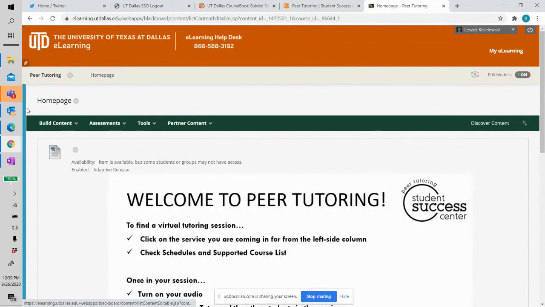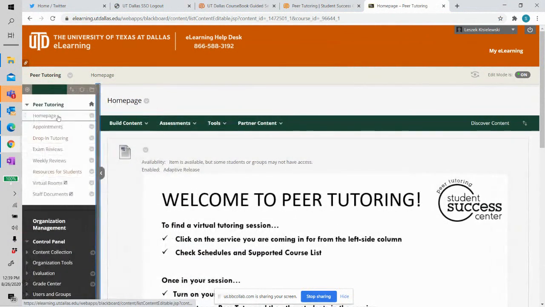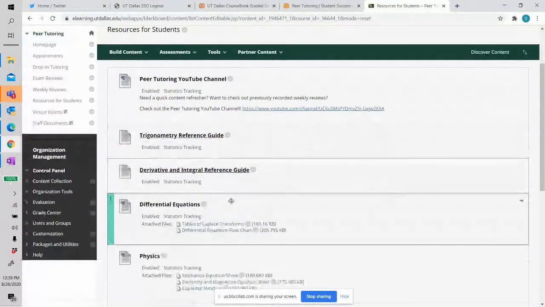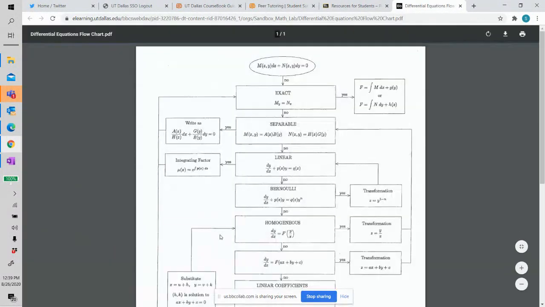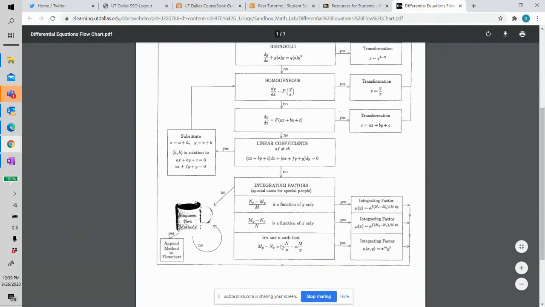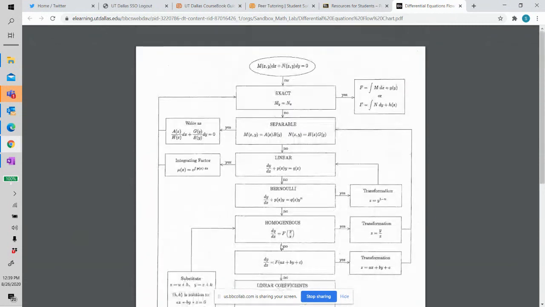Oh, there it is. It should be in resources for students, and differential equations, and it's differential equations flowchart for the first exam, really. That's a bad copy of it too, but whatever. Okay, cool. Very good, thank you.